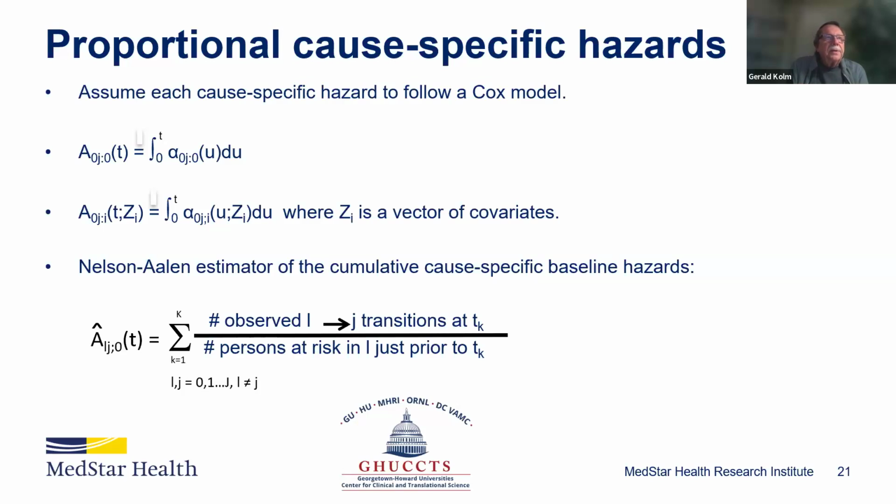And then the second formula is if you add in a vector of covariates represented by capital Z. In terms of the calculation, it's just the observed number that transition at the next time t sub k, divided by the persons at risk just prior to time t sub k. The software does all this for you, but this is what we're doing.